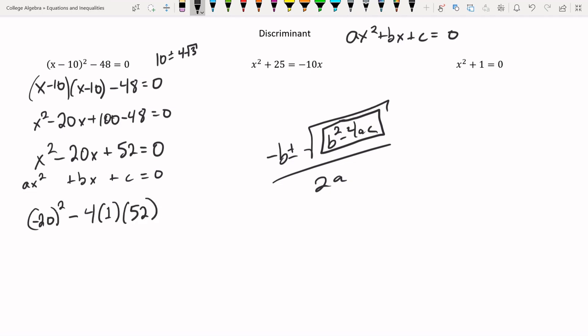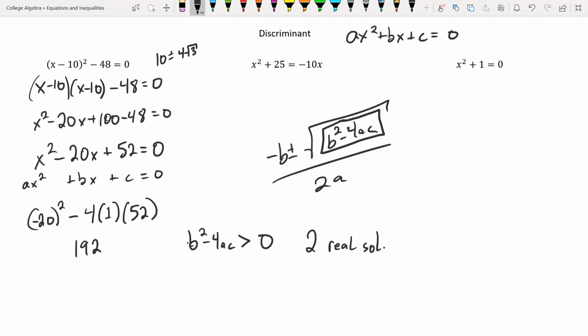Plugging it in a calculator gives us 192. Now, 192 is a positive number. If b squared minus 4ac is greater than 0, this means we have 2 real solutions, real being the number set, the reals.